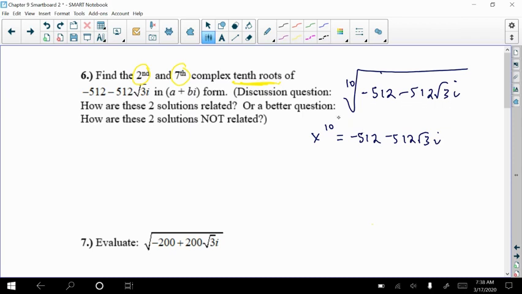So let's think about it in this context: some number to the 10th power is equal to this. Now let's write that into its polar representation. So if I go over negative 512, down 512 root 3, so that's down to here.